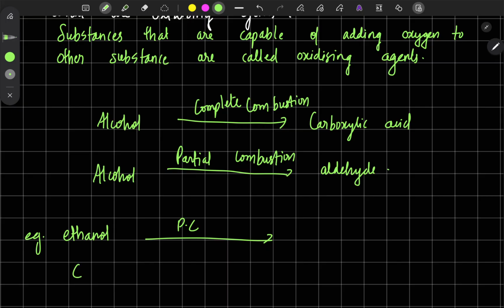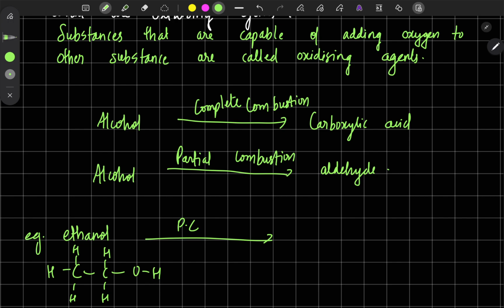Ethanol is CH3CH2OH. So its respective aldehyde will be formed, that means an aldehyde having two carbons. What is that? You can pause this video and predict it.